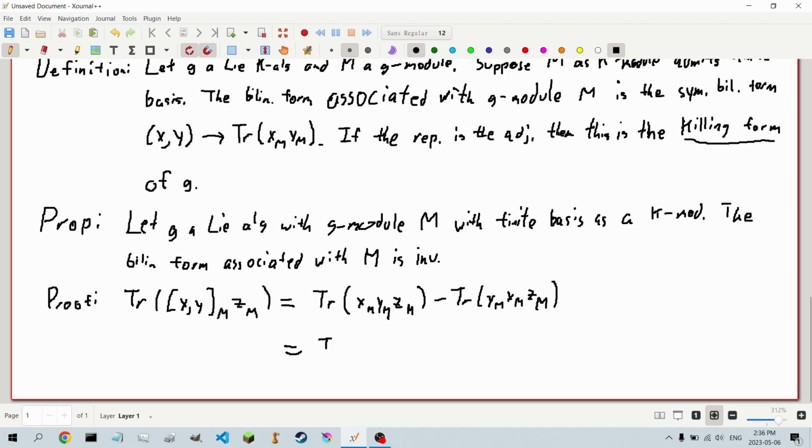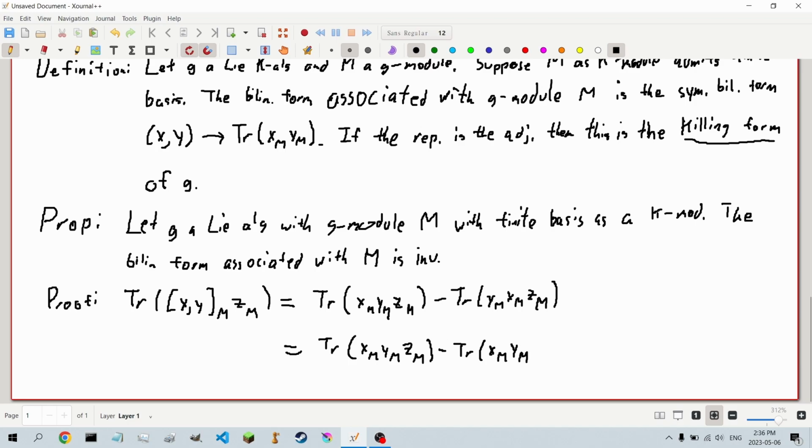Which is equal to x_M y_M z_M, and then my linear algebra is not the best here. What they do is they rotate these elements.